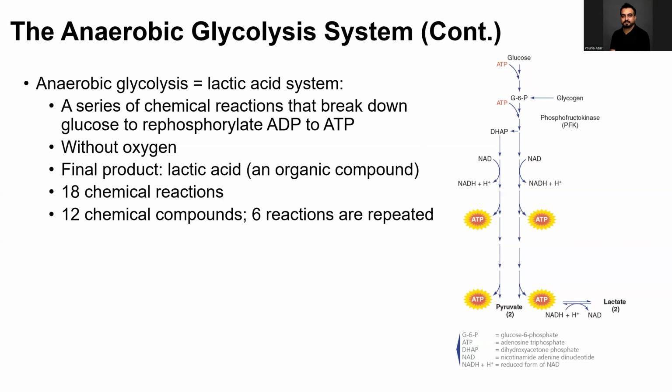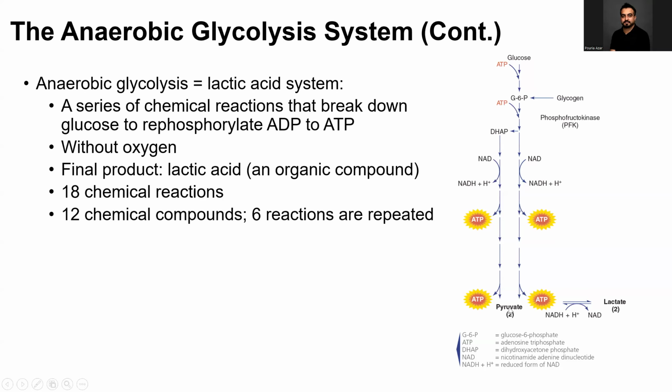The glycolysis system consists of 18 chemical reactions or chemical steps and 12 chemical compounds, and six reactions are repeated. So we see 12 different chemical compounds in this energy system, and six of the 18 chemical reactions are repeated because, let me explain it here. Glucose is a six carbon molecule, and here we have pyruvate.